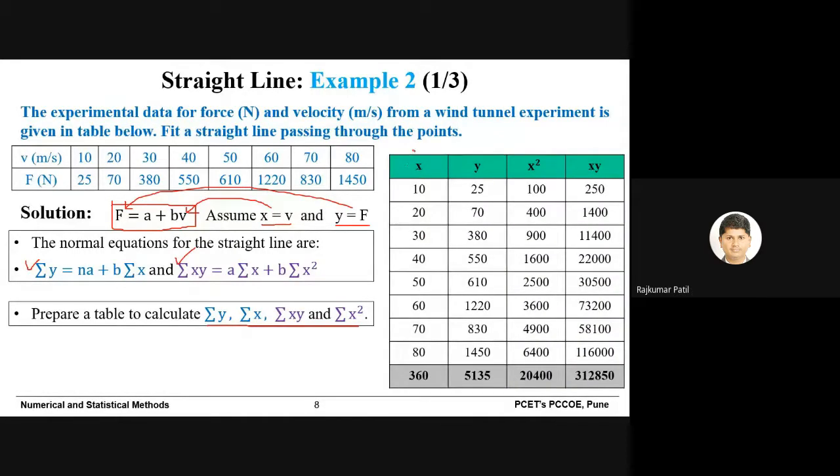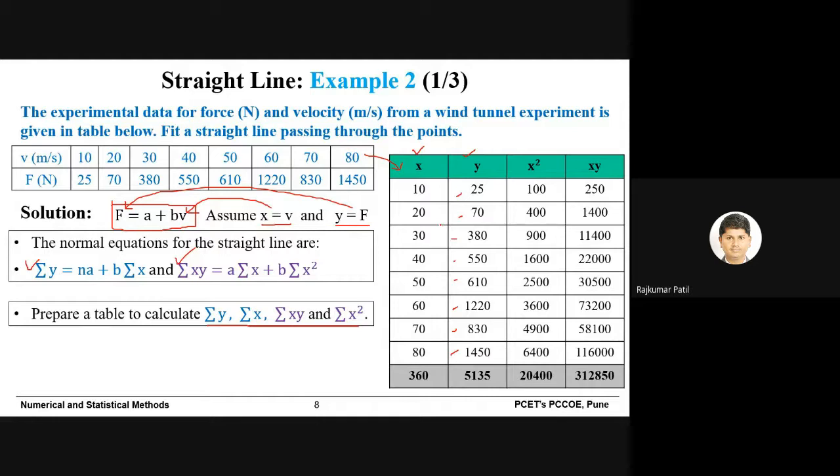So in column number 1, you can see the values of x: 10, 20, 30, 40, 50, 60, 70, 80. All the values of x. In the second column, all the values of y: 25, 70, 380, 550, 610, 1220, 830, 1450.